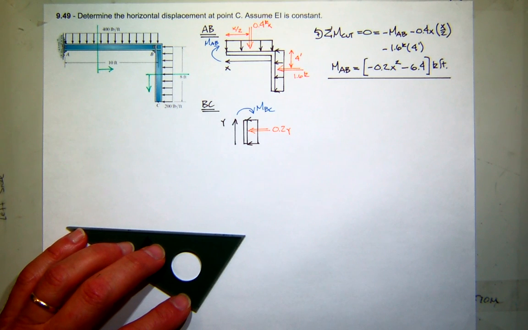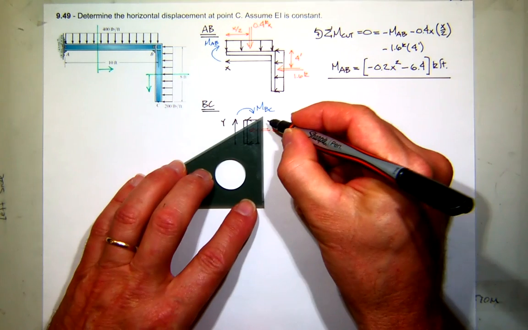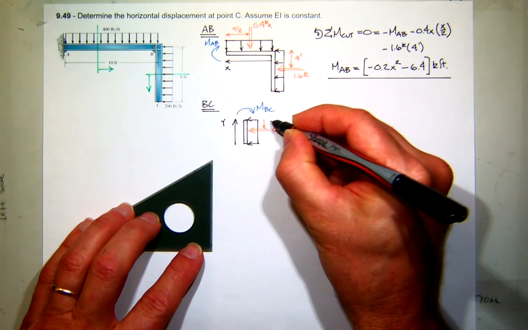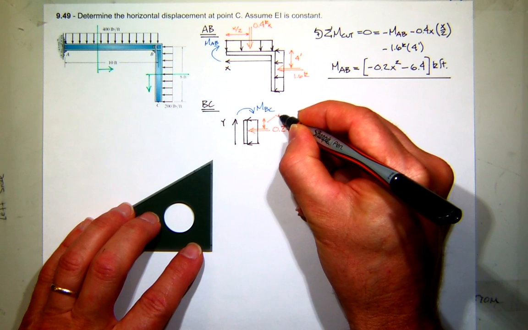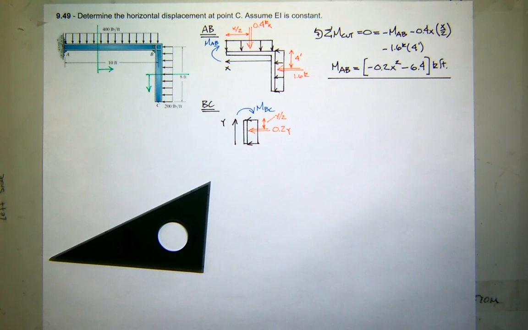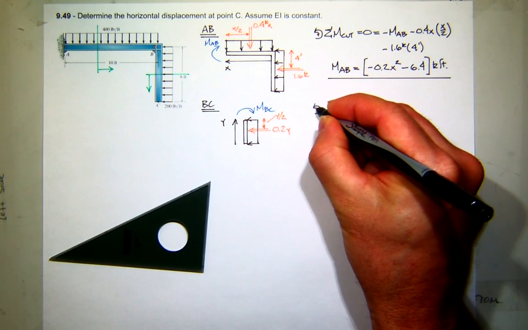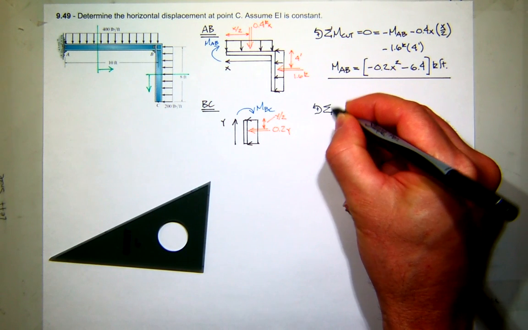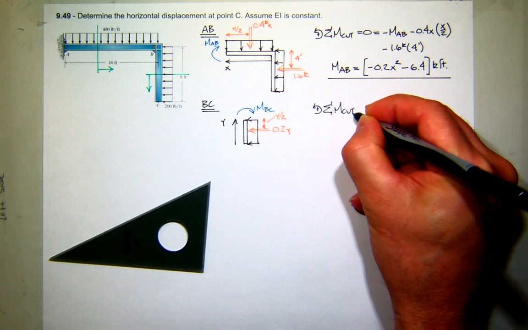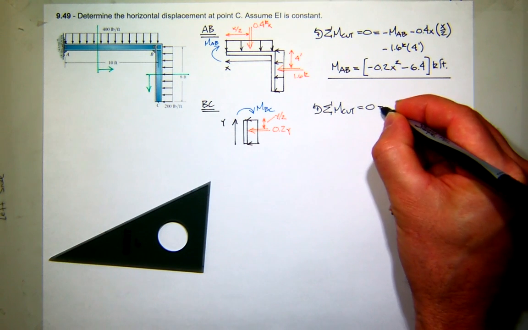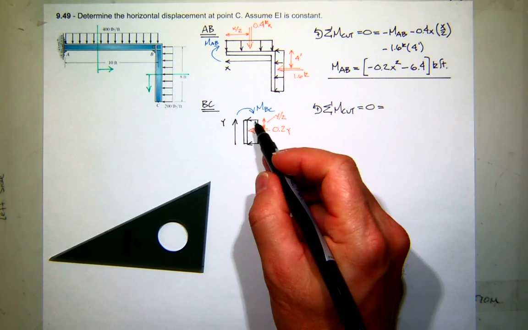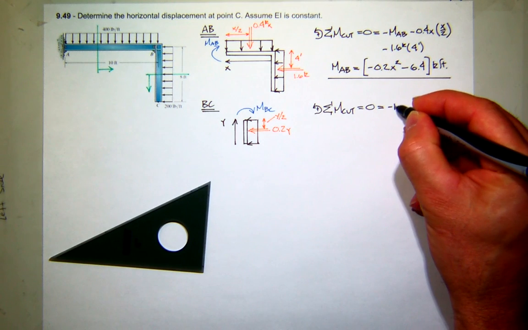I'm doing everything in kips. And the distance from the cut down? Y over 2. Everybody see that? So now when I sum moments about the cut, make sure I'm in equilibrium. Using right-hand rule, that moment is negative.